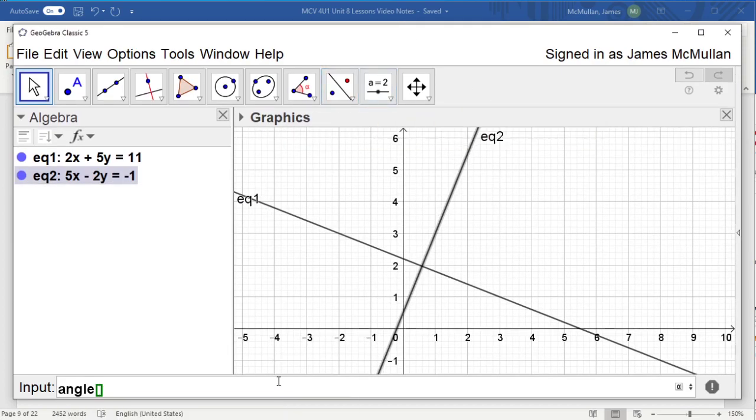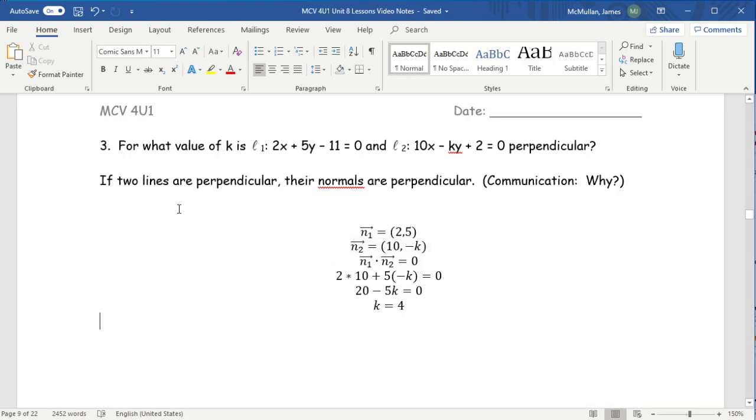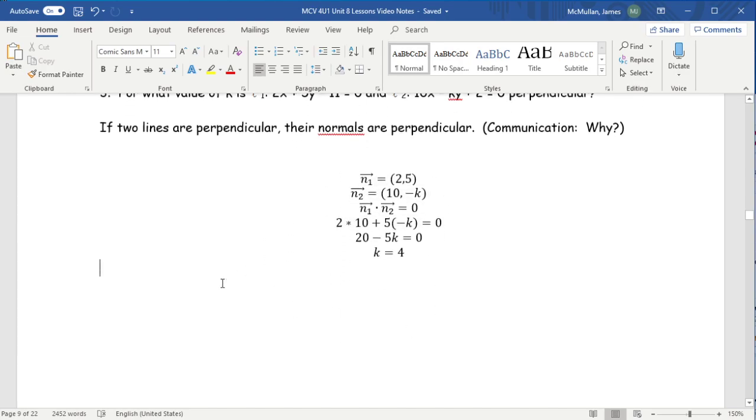Angle EQ1, EQ2 would be 270, or angle EQ2, EQ1 would be 90, right? There'd be a 90-degree angle where they meet. Okay, so there you go. If k is 4, the two lines are perpendicular. Really simple to do if you just remember that if two lines are perpendicular, their normals are perpendicular. It wouldn't be too much harder to get the direction of line 1 and the direction of line 2, but it's faster if you do it the normals way.